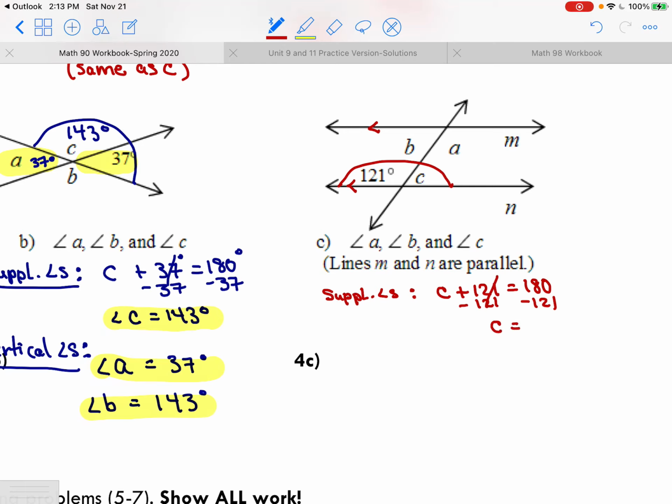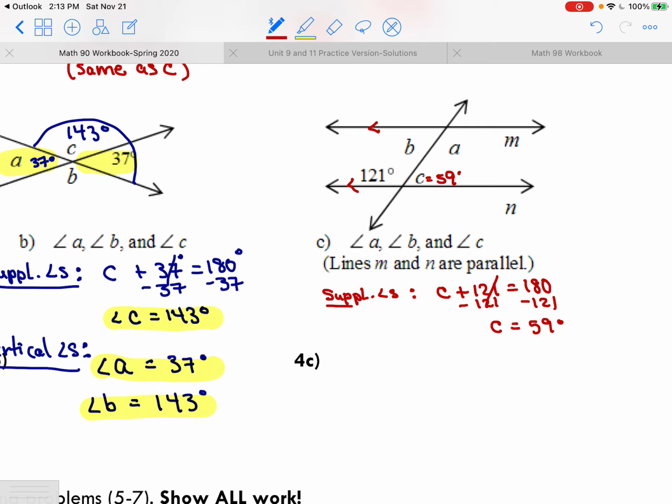Okay, so we know that C is actually going to be 59 degrees. Okay, so we can just plug that in. I think what I'll do is get rid of that. Okay, so that's equal to 59 degrees.